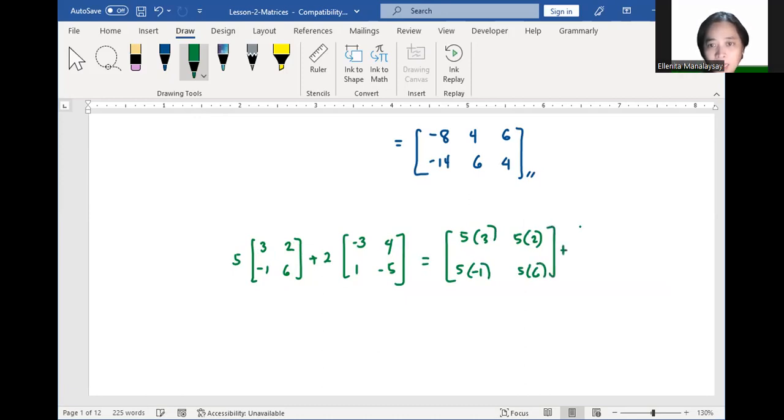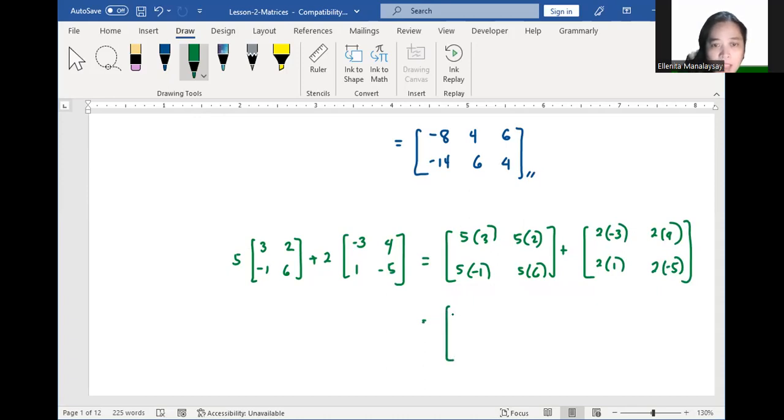And then plus, we multiply 2 by each of the entries here. So we have 2 times negative 3, then 2 times 4, 2 times 1, and 2 times negative 5. Okay, so let's get the scalar products.